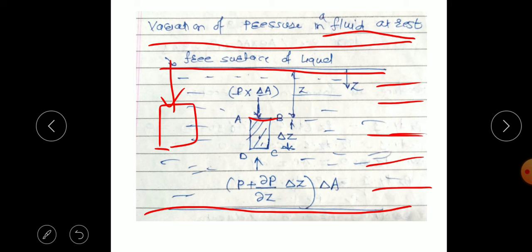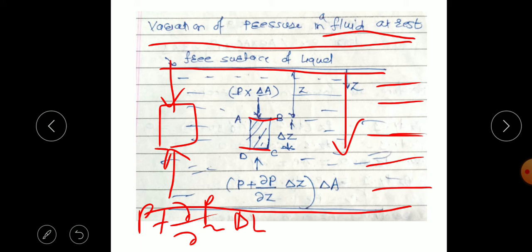The area of AB we have considered as a small area, delta A. Similarly, pressure is acting on the base CD, which will be P plus delta P by delta Z into delta Z. Z is the variation in depth. At the top Z is 0, and Z goes on increasing in the downward direction. So the increase in pressure will be dP.